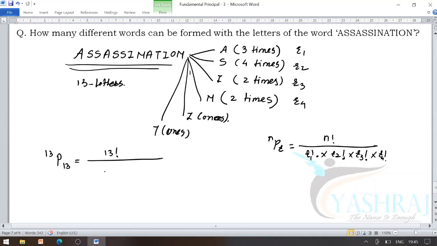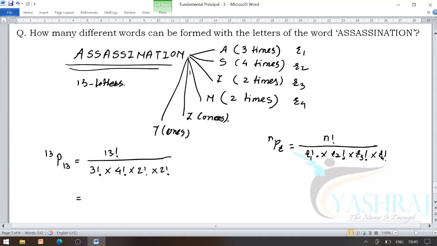A is repeated 3 times, so 3 factorial, into S is repeated 4 times, 4 factorial, into I is repeated 2 times, 2 factorial, into N is repeated 2 times, 2 factorial. While I occurs once and T occurs once, so no need to multiply by 1 factorial and 1 factorial.